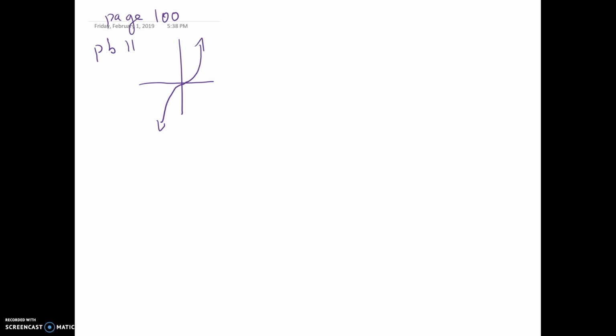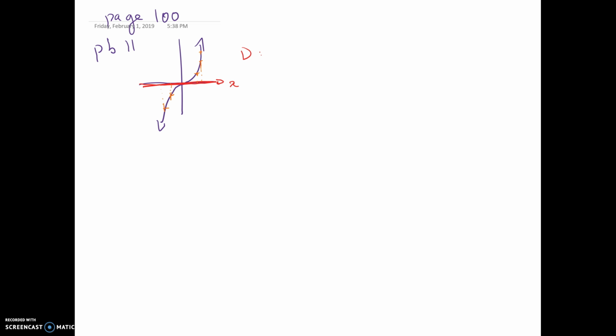Remember that the domain is defined as all the values of x, and all the values of x are read on the x-axis. So how many values of x can you see? When you look at this graph, every single point defines a value of x.